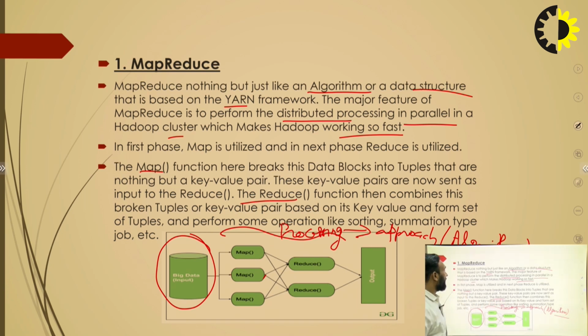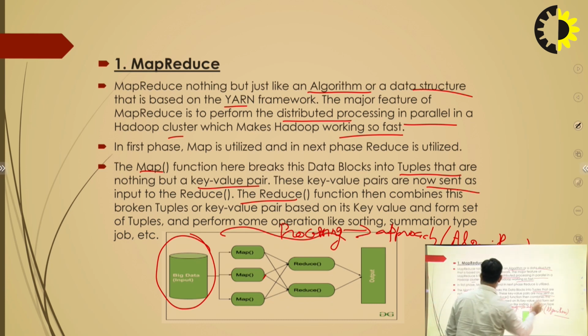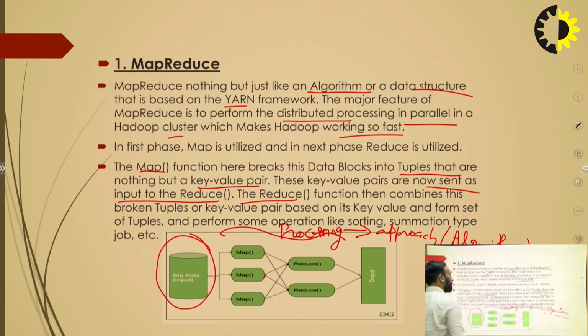The map function breaks the data block into tuples, which are nothing but key value pairs. These key value pairs are then sent as an input to the reduce. What exactly happens? A chunk of, for example, 2 TB data is divided into a set of tuples, like here map 1, map 2, map 3.